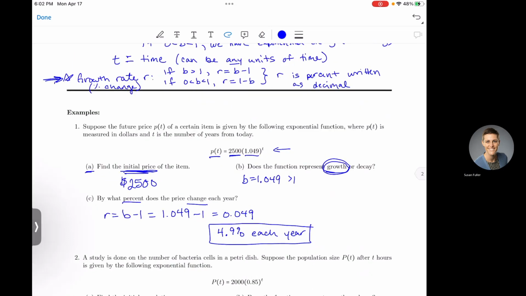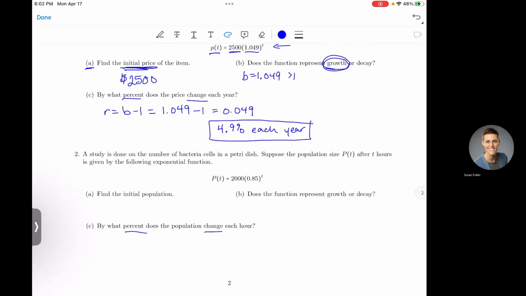All right. Number 2. A study is done on the number of bacteria cells in a petri dish. The population size, P of t, after t hours is given by this exponential function. Okay, so P of t, this is the population of bacteria at time t. 2,000 is our A value.